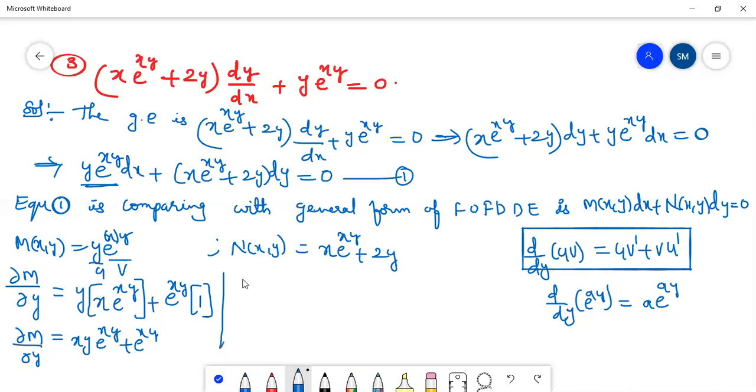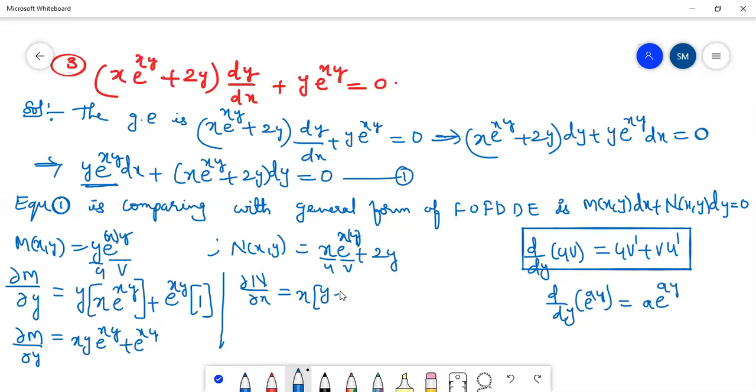Next, n function with respect to x. Here with respect to x, also it is in the form of uv. U is x. V means y is treated as a constant in the partial derivative of the n function. So this y, what is the constant there, that is the multiple in the e power ax form.